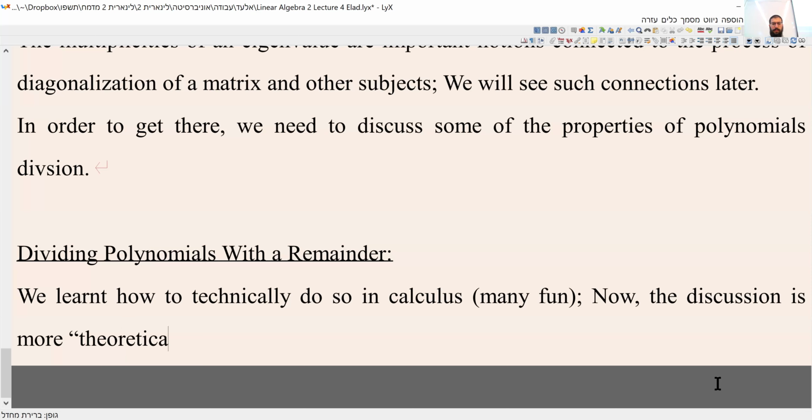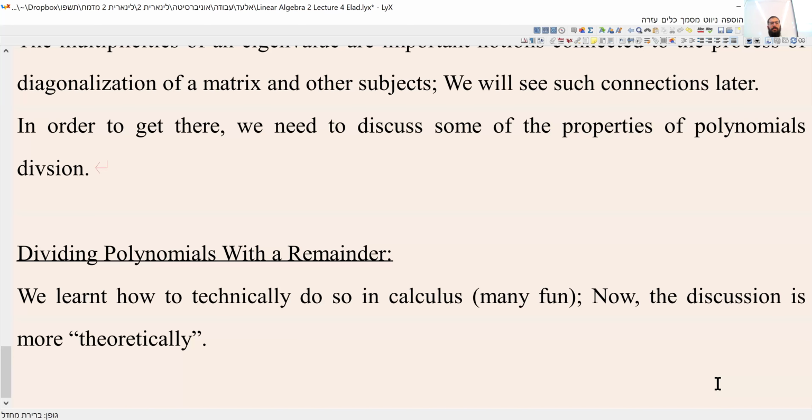Theoretically, that's how you write it down. Feel free to correct my typos.